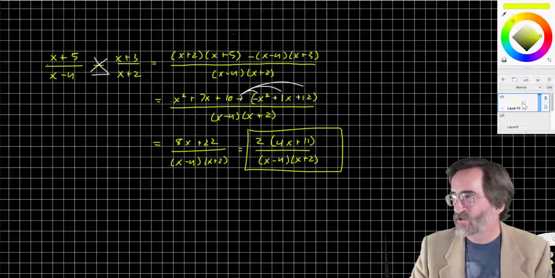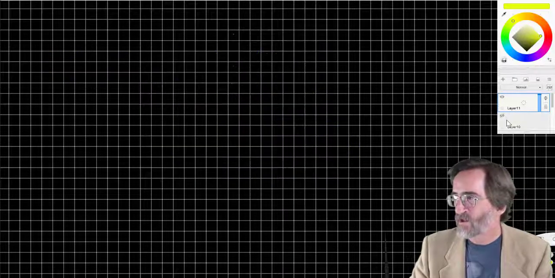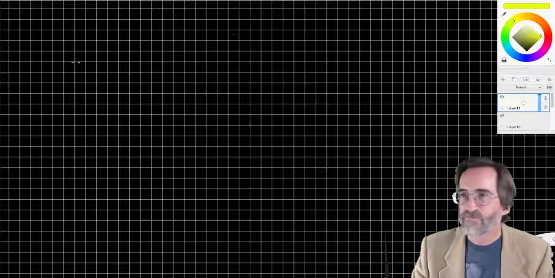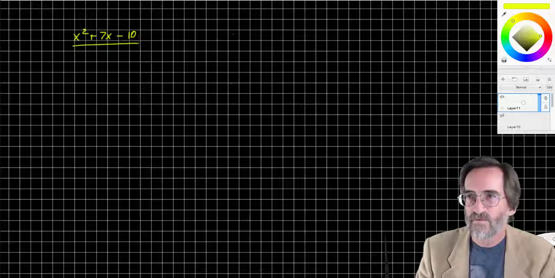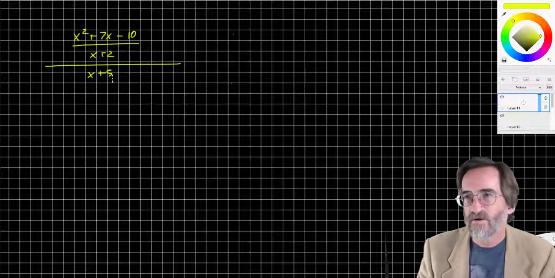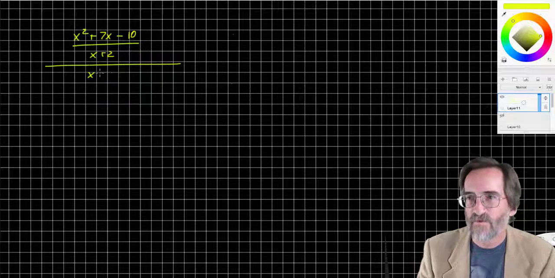Let's do a division problem as well. Okay, so let's do x squared plus 7x minus 10 over x plus 2, all divided by, let's make it x minus 5 over x plus 3.